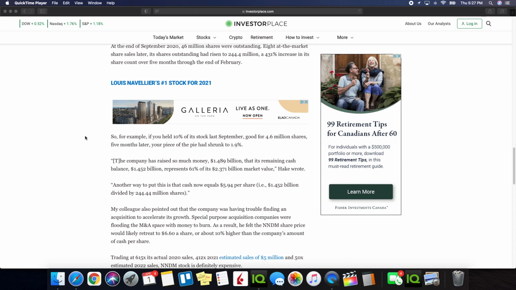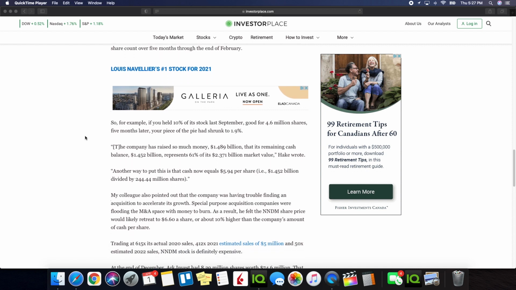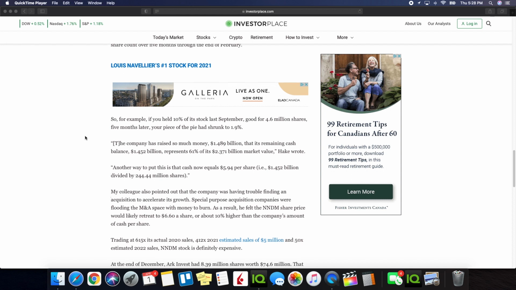So, for example, if you held 10% of its stock last September, good for 4.6 million shares 5 months later, your piece of the pie had shrunk to 1.9%. The company has raised so much money, $1.489 billion, that its remaining cash balance is $1.452 billion, represents 61% of its $2.371 billion market value, Hake wrote.